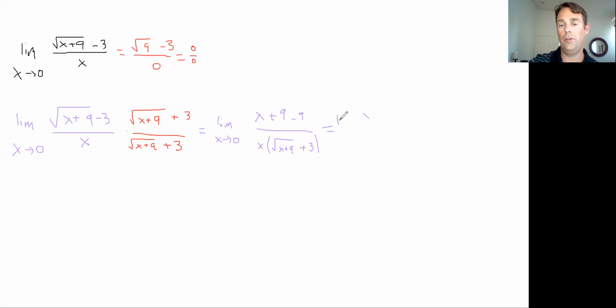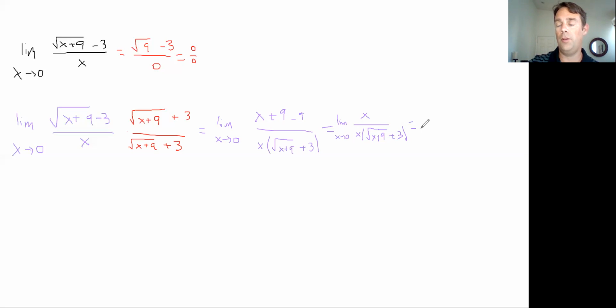Oh, better not forget my limit. I'm left with an x on top, and I have my x on the bottom. So square root of x plus 9 plus 3. So from here, our x's would cancel out.